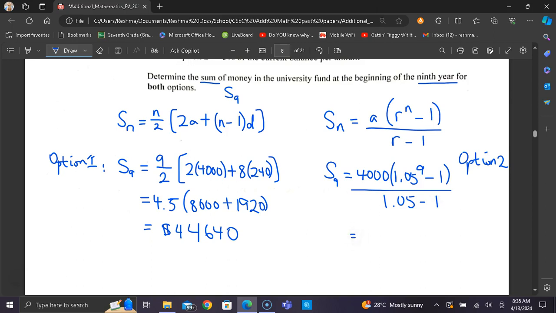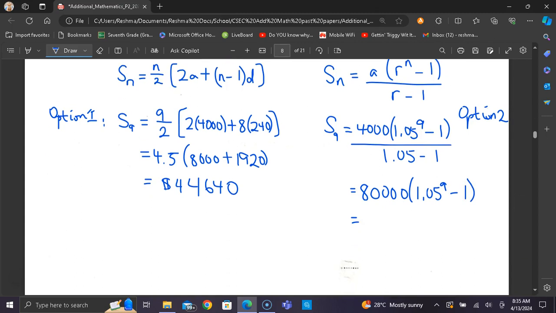So 1.05 minus 1 is 0.05. 4,000 divided by 0.05 would give 80,000. And then, of course, we're multiplying that by 1.05 to the power of 9 minus 1. So you could input that directly into a calculator, and you will get $44,106. Right, so I'm rounding it off to the nearest dollar.